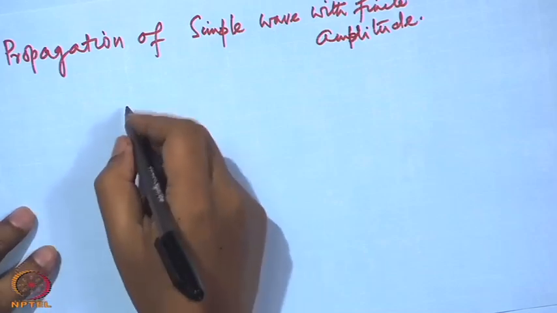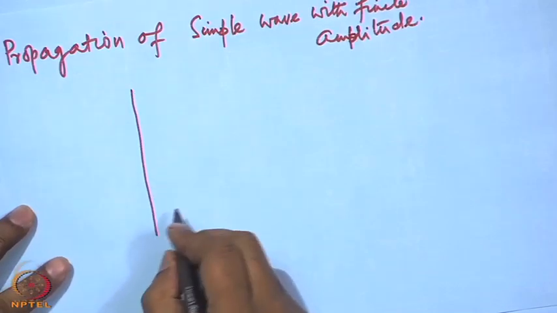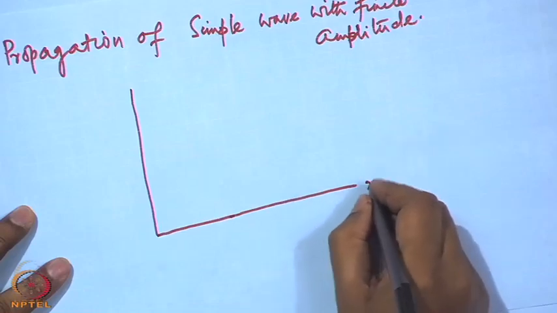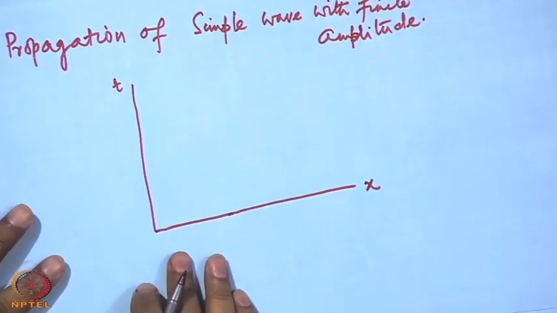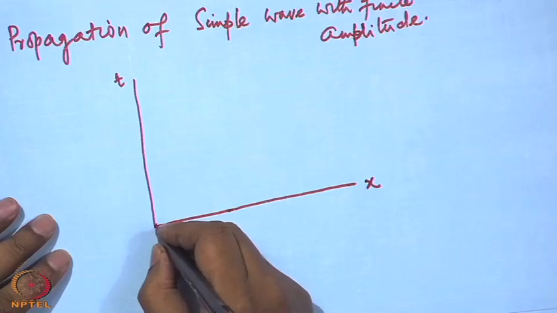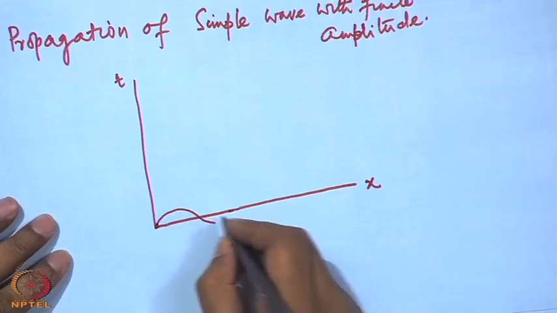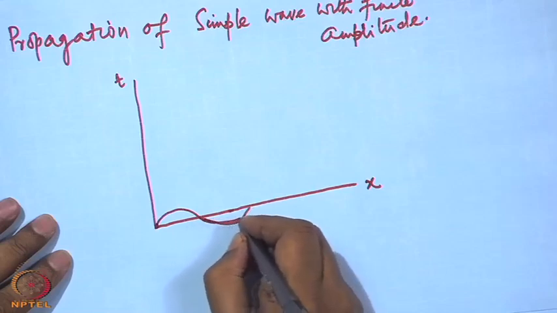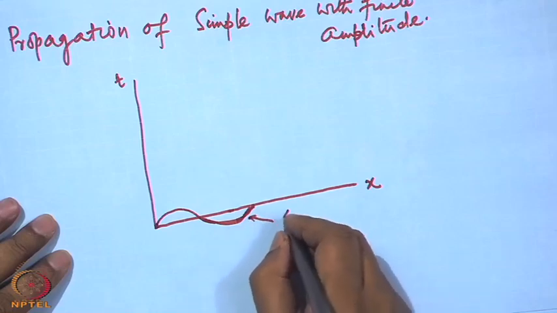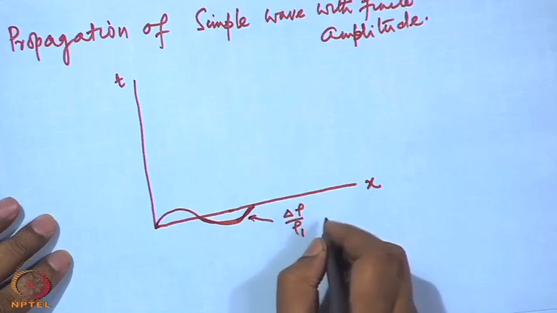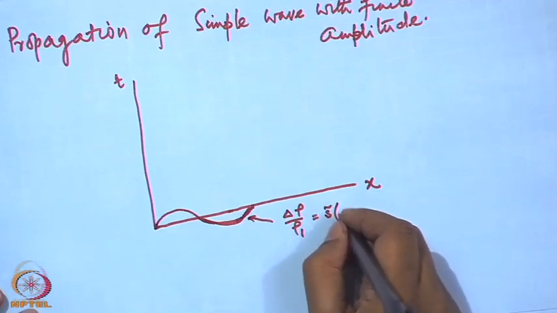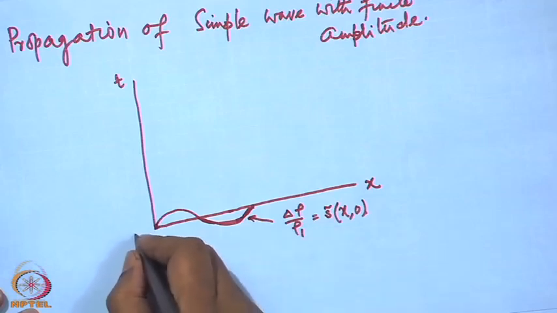Now, let us consider a wave, and let us say the density disturbance, that is the condensation parameter delta rho by rho1, which we have earlier defined, at time t equal to 0.